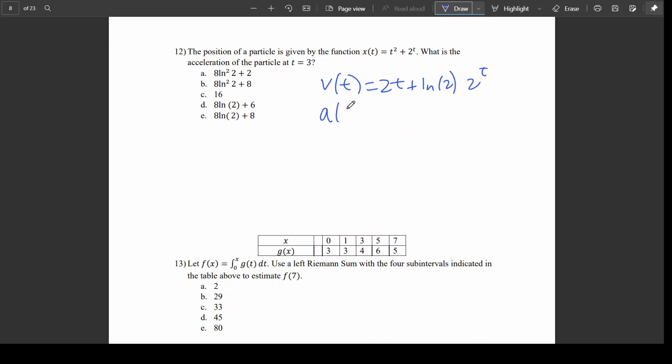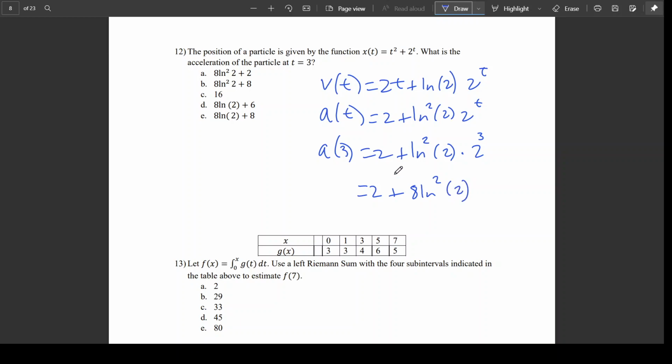Next, we find the acceleration by taking the derivative of this, which is going to be equal to 2 plus ln squared of 2 times 2 to the t. And then now I'll find the acceleration at time t equals 3. I'll plug in 3, and I'll get 2 plus ln squared of 2 times 2 to the 3, which is 2 plus 8 ln squared of 2, which is A.